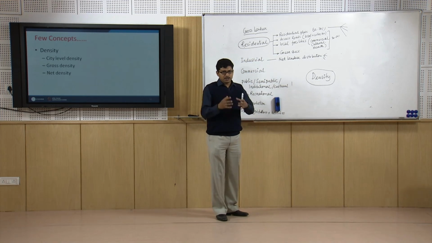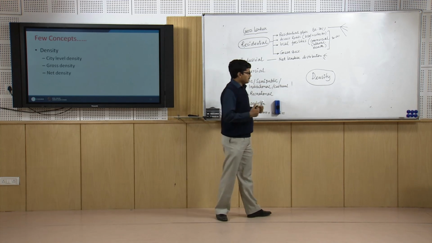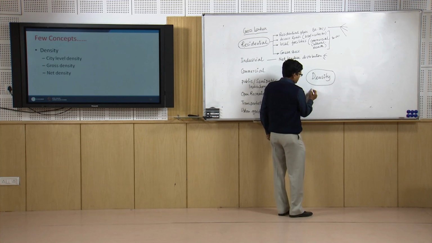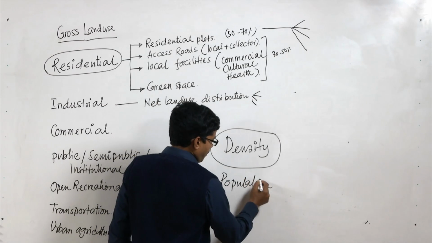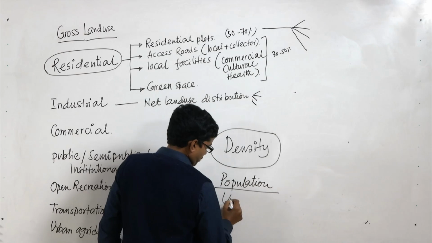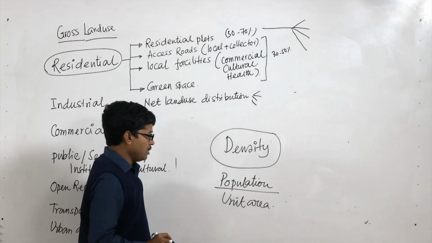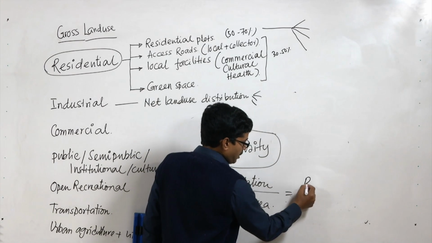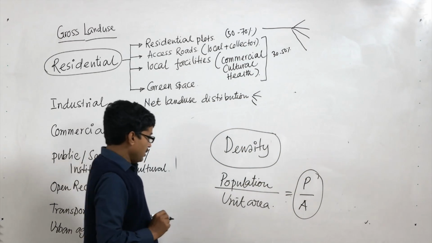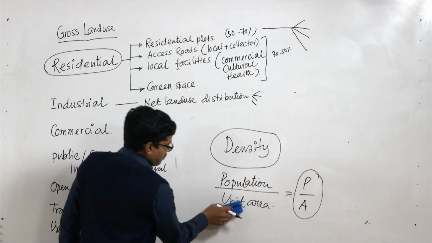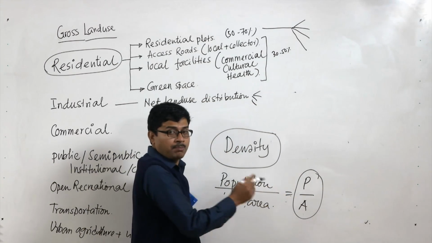So here we come to the word density. Theoretically, density means anything with a unit area. For our case, for the town planning case, we consider density means basically population divided by unit area. So if the population is P and the area is A, so population divided by area, that means it becomes the population per unit area.